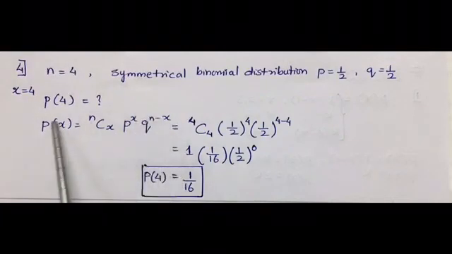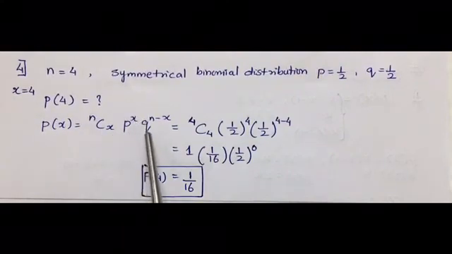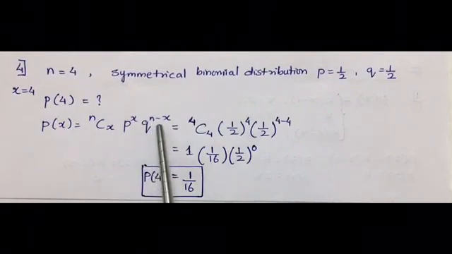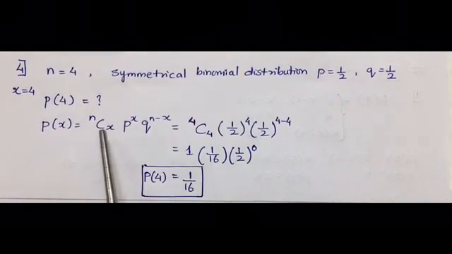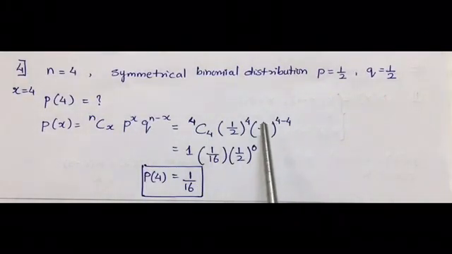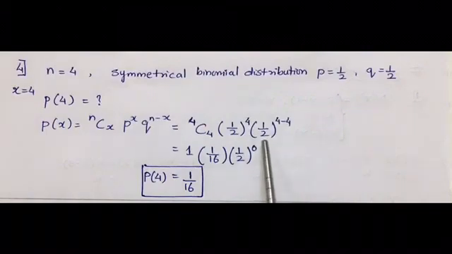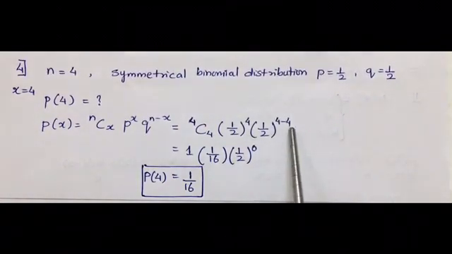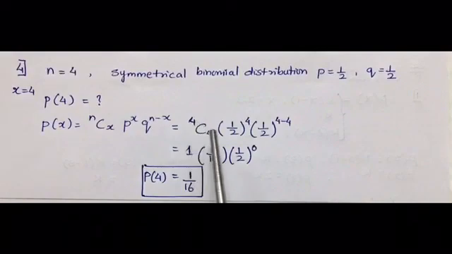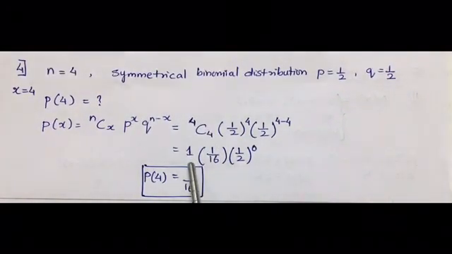Using the formula of binomial distribution, it becomes Px is equal to nCx, P raised to x, Q raised to n minus x. Keeping the value of n, x, P and Q at their places, we have 4C4, P is half raised to 4, Q is half raised to 4 minus 4, as the value of n and x both are 4. 4C4, the value is 1.